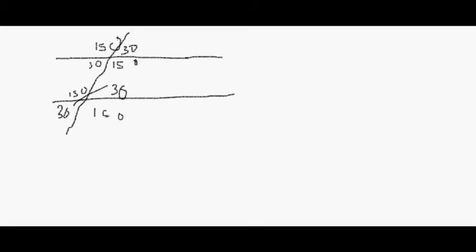Next is number 54. We have this trapezoid, and we need to figure out how to find the area of the trapezoid, or what is the formula for finding the area of a trapezoid. So first things first, let's write down the formula.